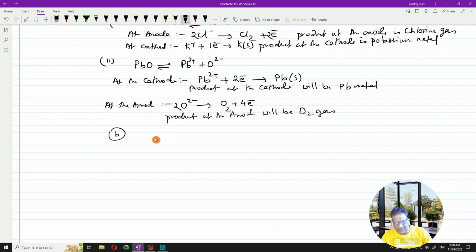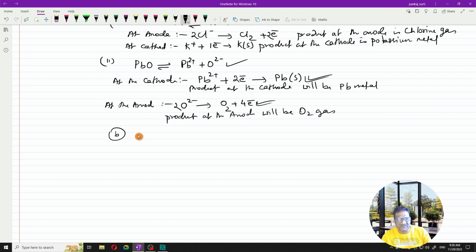In the B part, what he's asking you is to write the ionic half equation for the substances produced at the different electrodes for A1 and A2. And this half cell reaction I've already mentioned over here. So this is the half cell reaction for the cathode, and this is the half cell reaction for the anode. So both the reactions I have given you.